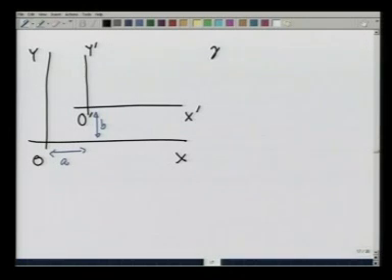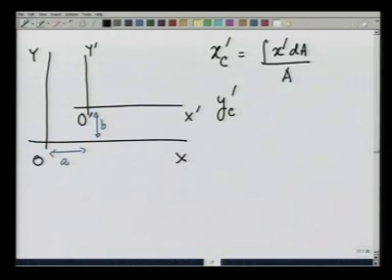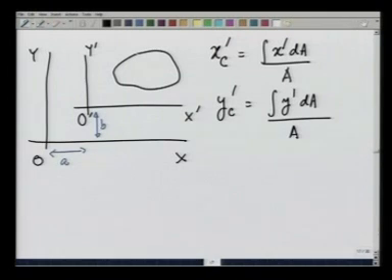Let the centroid coordinate in the O prime frame be xc prime, which is equal to the integral of x prime dA over the area, and similarly yc prime is equal to the integral of y prime dA over the area, where dA is some small area in this plane area which I have drawn here.